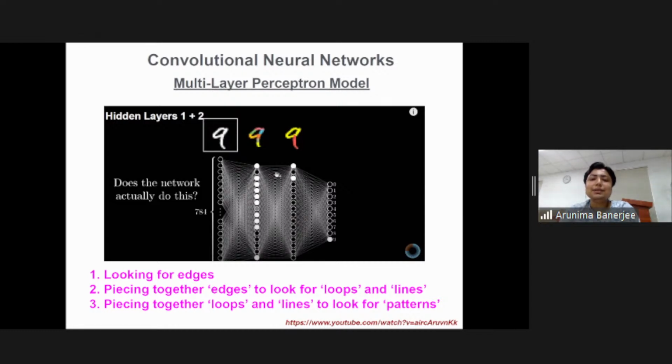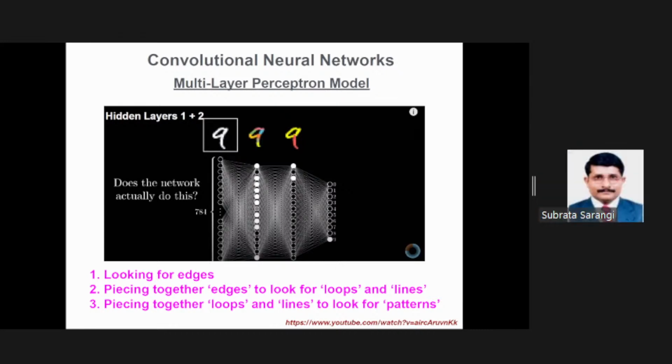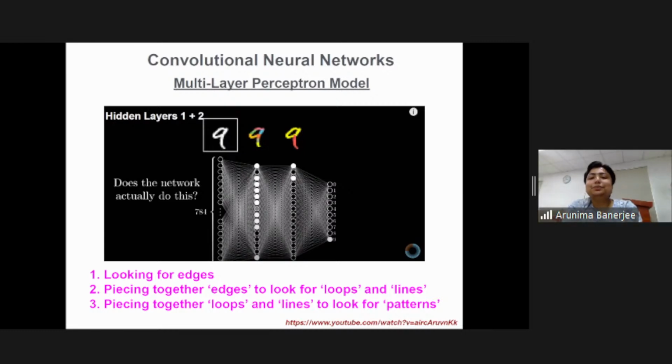If this stencil actually gets the input, then the weightage will be high. If not, then we would know that these loops or lines are not important for the image which we are going to classify. So this stencil is nothing but the proxy for this kernel, or the convolution function in mathematical terms. Okay. So it is related to that feature extraction or feature detection part. Okay, thank you.